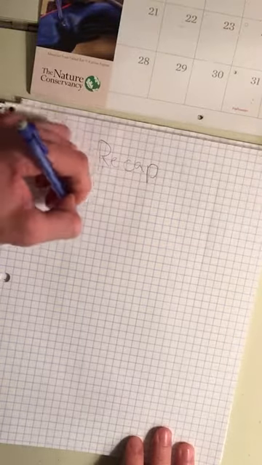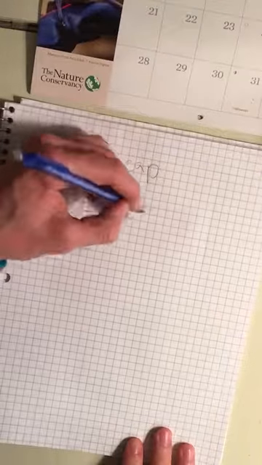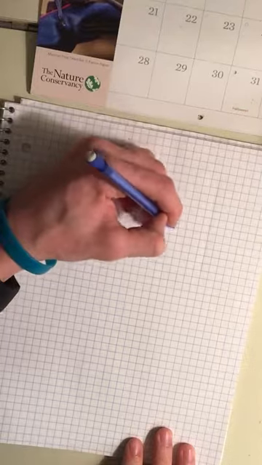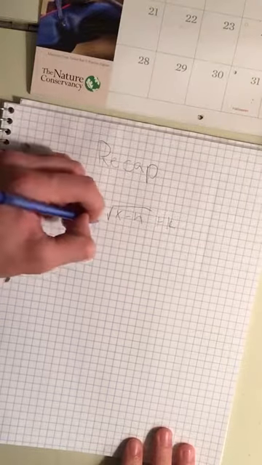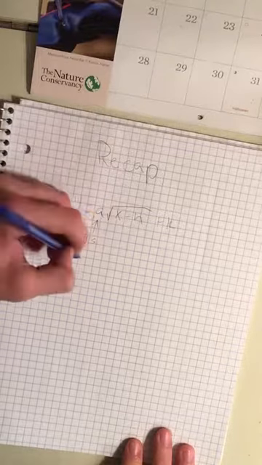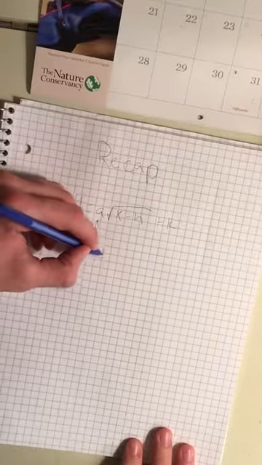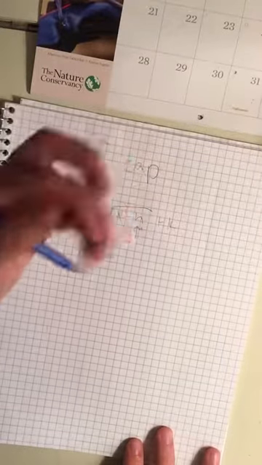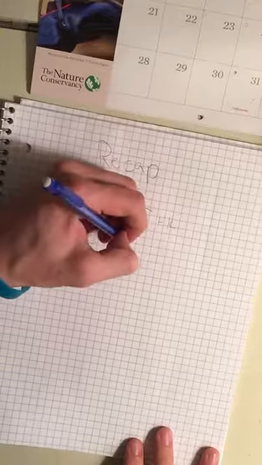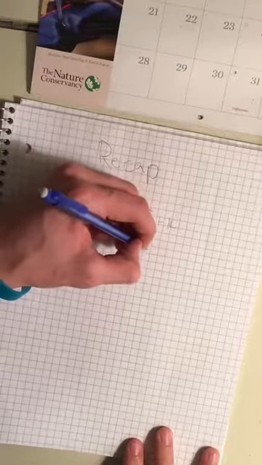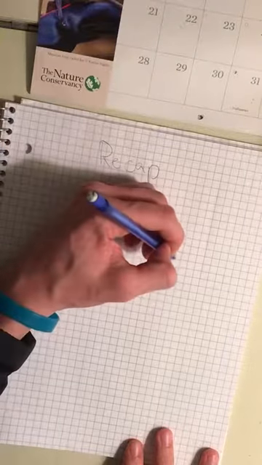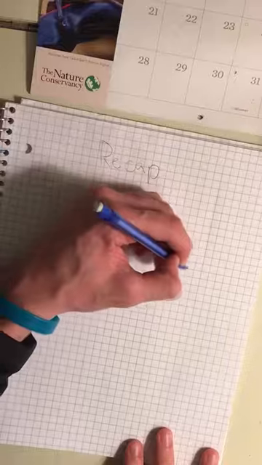So for our recap here, y equals a square root of x minus h plus k. So that a value is for the vertical stretch, or VS, and reflection. The h value is going to be for horizontal, left or right, and the k value is going to be up and down.